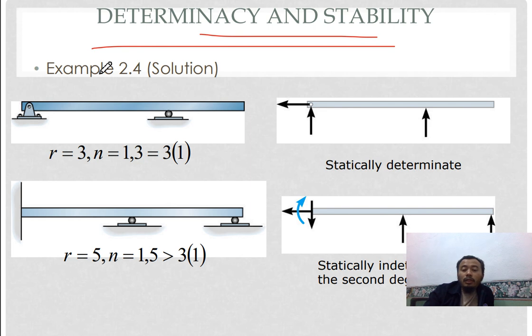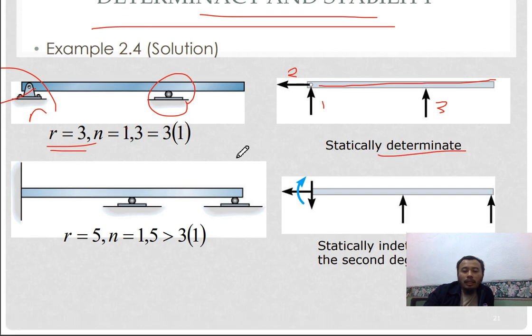You just need to know the unknown forces, which are the reaction forces. For example, here you have 1, 2, then 3, because this is a roller and this is a pin. So you have 3 unknown reactions, and you have 1 member only, this bar. So 3 is equal to 3, so it is statically determinate.